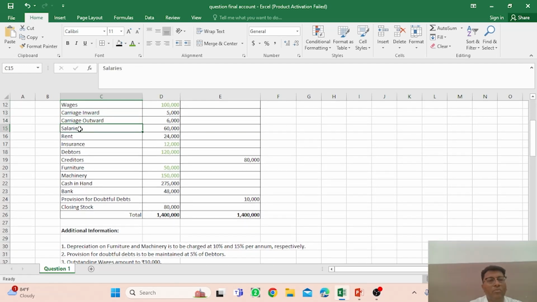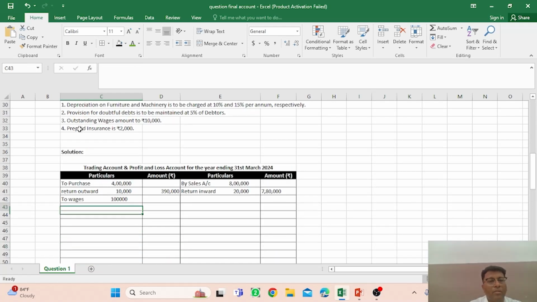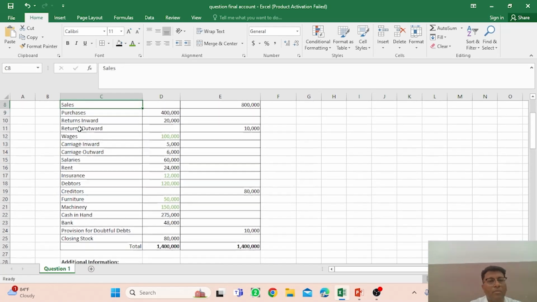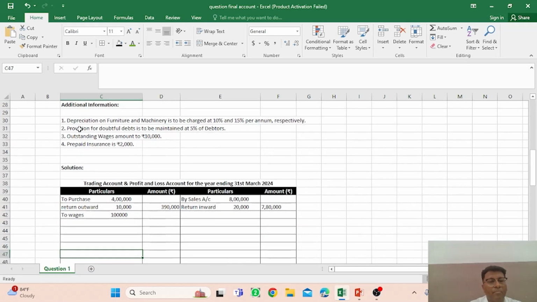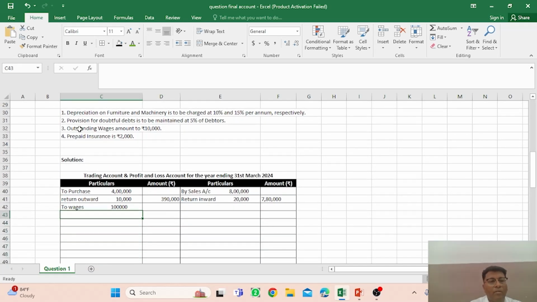So wages you have mentioned, carriage inward 5,000, carriage outward 6,000. Just leave one single line, because there is an adjustment and now you have to mention two.